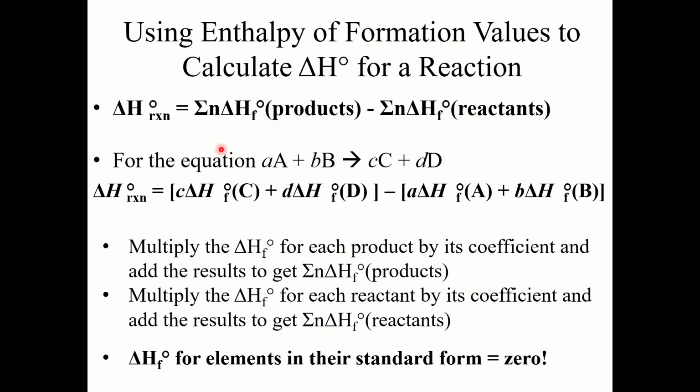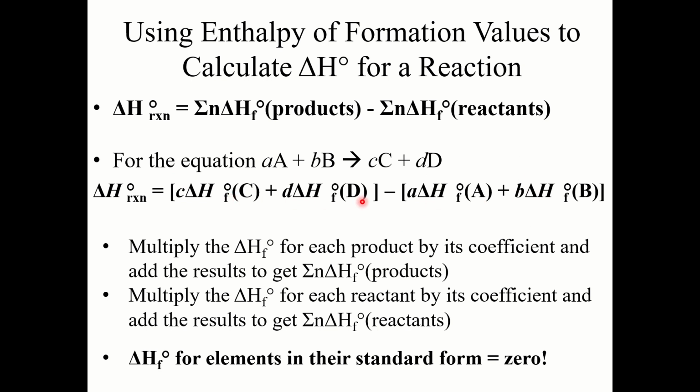For example, for the equation aA plus bB forms cC and dD, where these letters in front represent the coefficients, this would be the coefficient of C times the heat of formation of C plus the coefficient of D times its formation value, and then these are added together, and then you subtract the sum of the reactants.